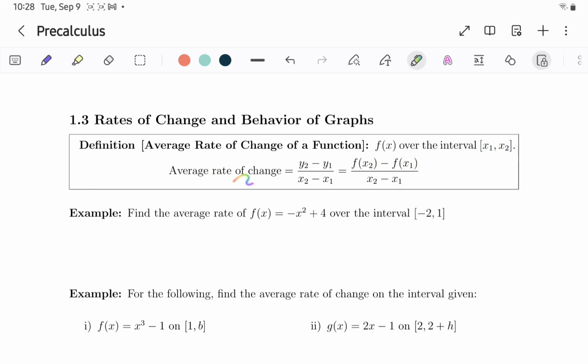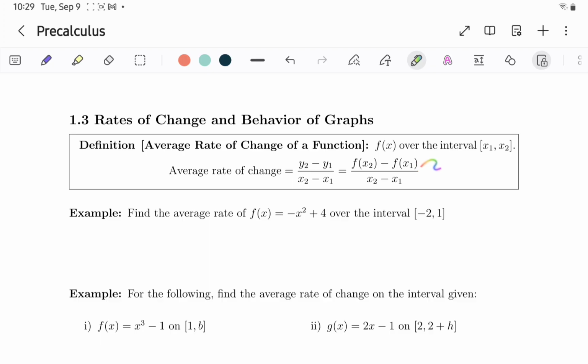So the formula for the average rate of change is just going to look like the formula for the slope that you're familiar with from linear functions. So the average rate of change is equal to y2 minus y1 over x2 minus x1. And replacing the y's with the functional notation, we could say that this is equal to f of x2 minus f of x1 over x2 minus x1.